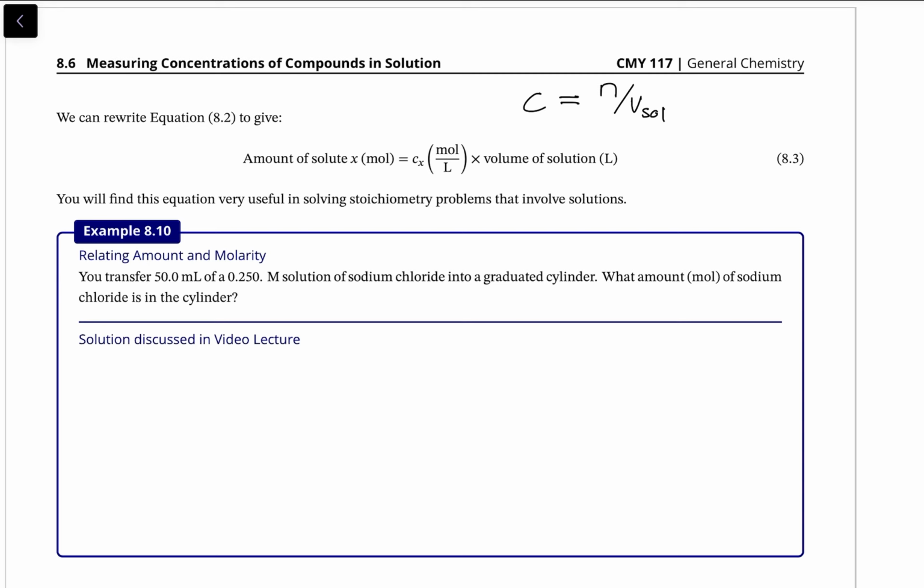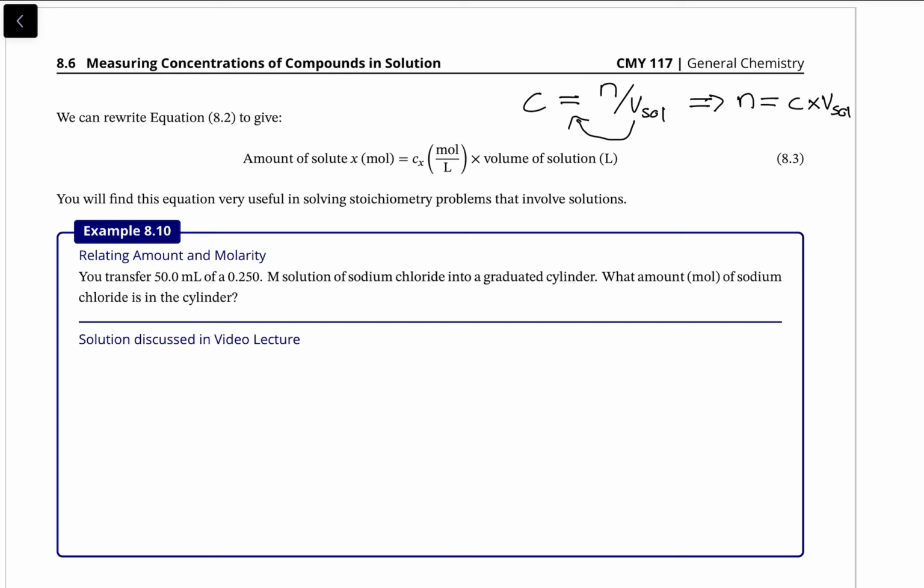But equally as important, if we know the concentration of a solution and we know the volume that we take, we can calculate the number of moles. So if we take this number to that side, we get the number of moles equals C times volume of solution. All right.